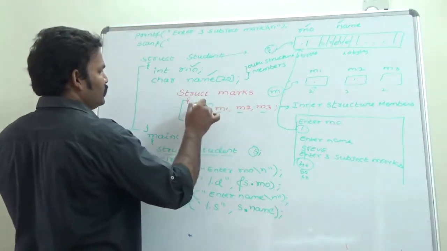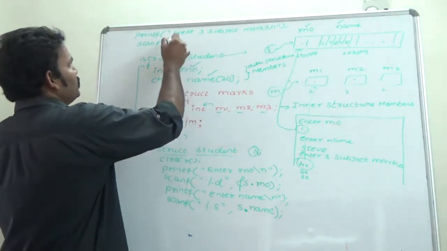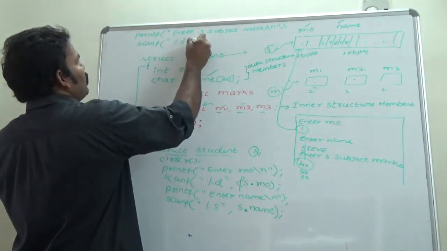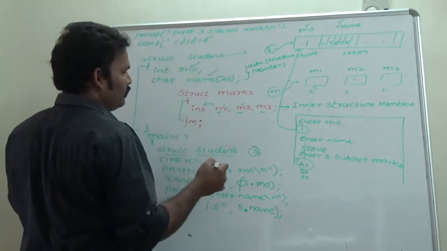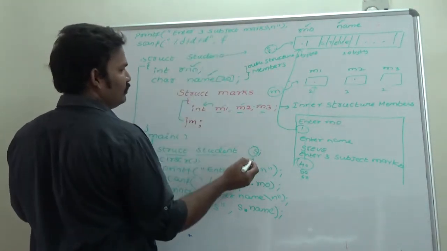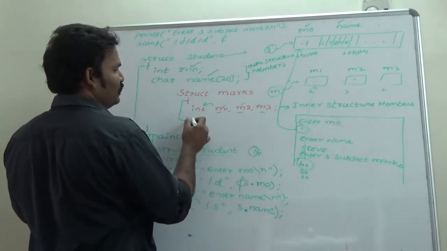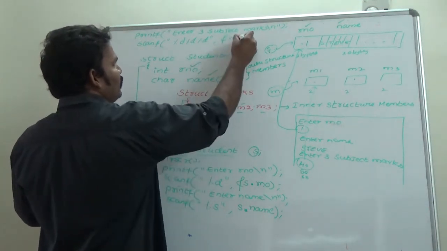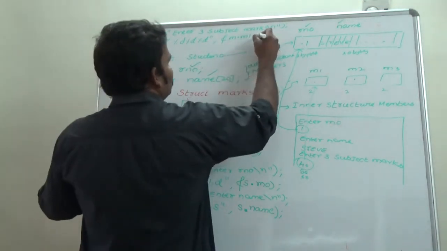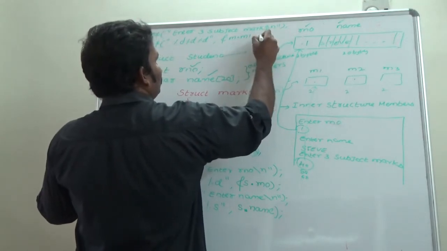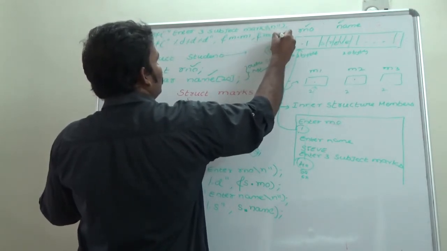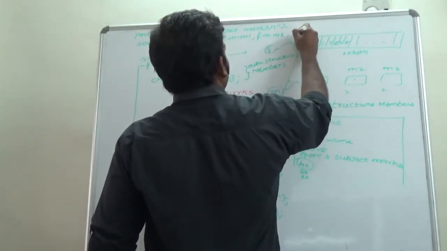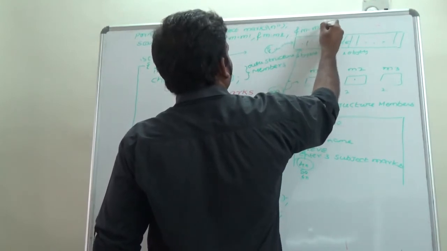All these members are of int type, so the format specifier is %d. We have to write 3 %d format specifiers, comma, and then M dot M1, comma, M dot M2, comma, M dot M3.